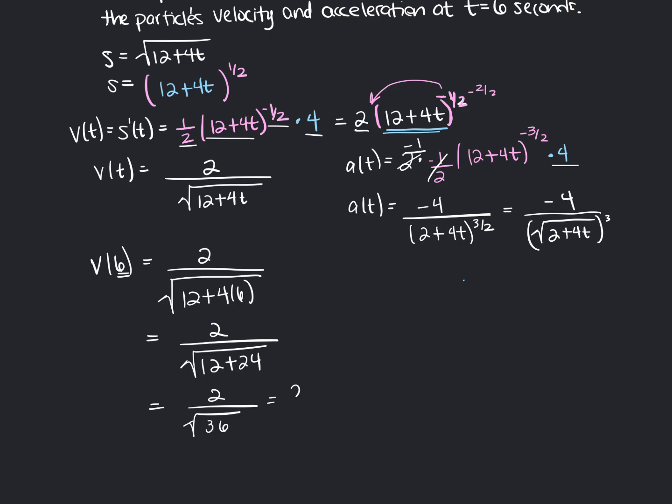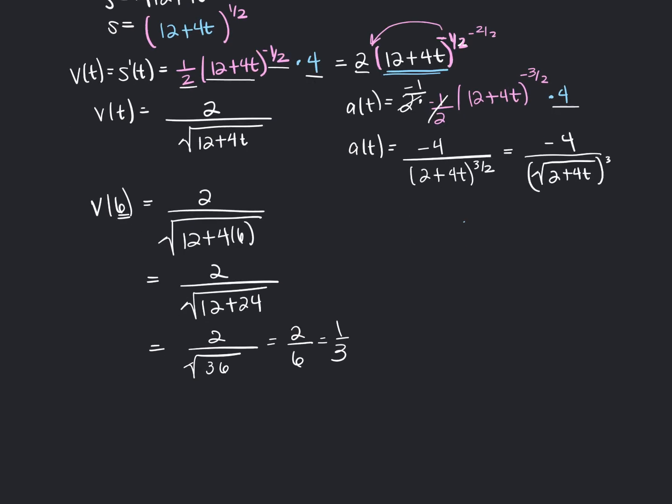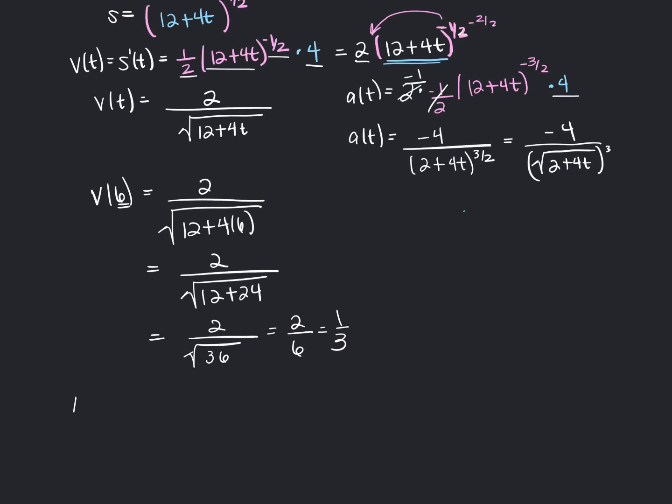And that's equal to 2 over 6, which is equal to 1/3. So at t equals 6, the velocity is 1/3 meters per second, okay?